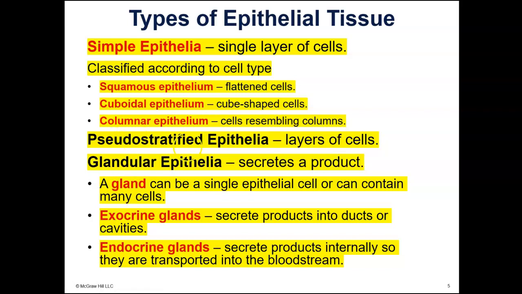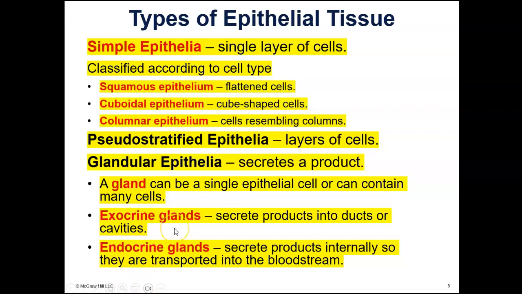There is also a type of epithelial tissue called pseudostratified. It's really a single layer of cells, but under the microscope, it appears to be layers of cells because they're different shapes. Then we have glandular epithelial tissue, which is going to secrete a product.